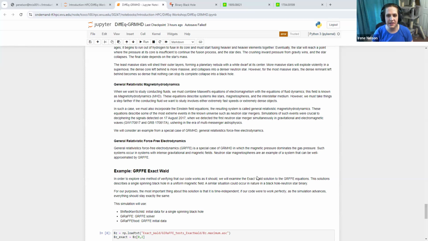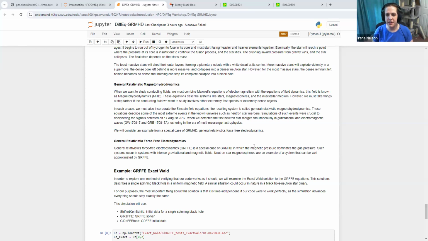These equations describe systems like the plasma in stars, magnetospheres, such as what occurs when the stellar winds from the sun interact with the Earth's magnetic field, and also the interstellar medium. However, we're going to have to take things a step further if the conducting fluid we want to study involves either extremely fast speeds or extremely dense objects.